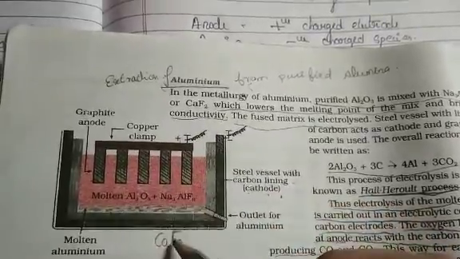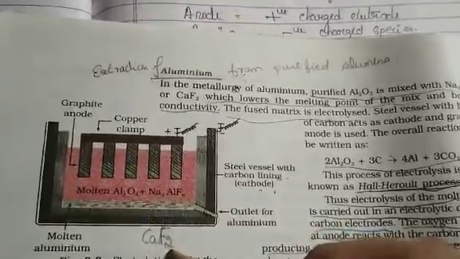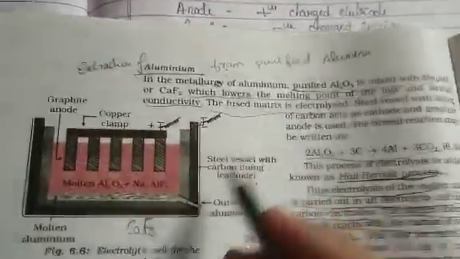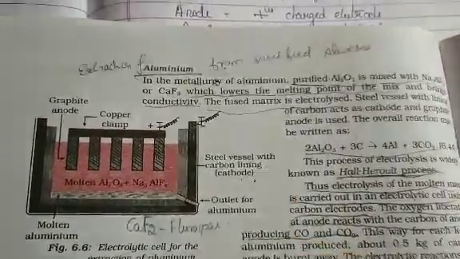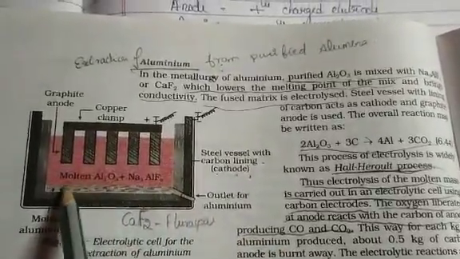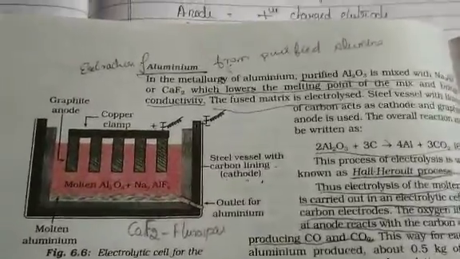This is also called fluorospar. So cryolite is acting as an electrolyte, whereas fluorospar lowers the melting point and increases the conductivity.